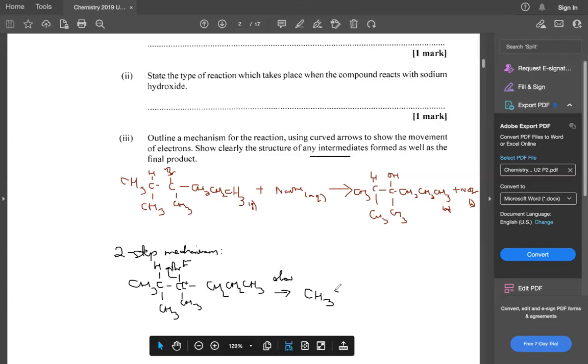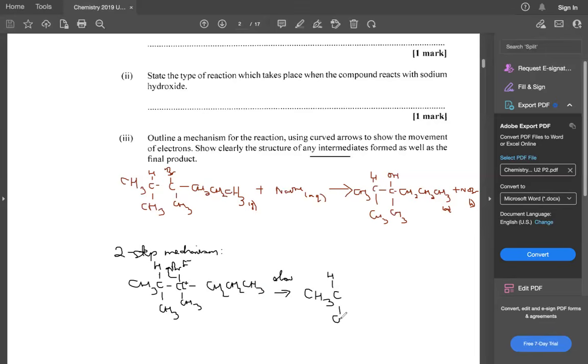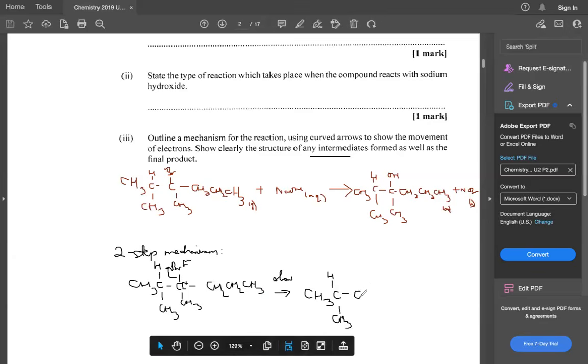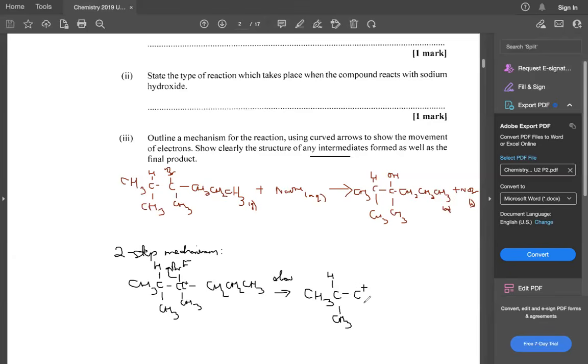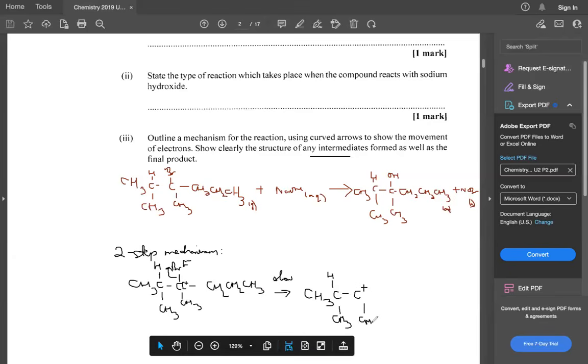We end up with CH3, CH3, and now the carbon that the bromine was on gets a positive charge. So that's a carbocation being formed. And then we have CH3, that's all the same from before, the CH2, and then the CH3 that was there before.